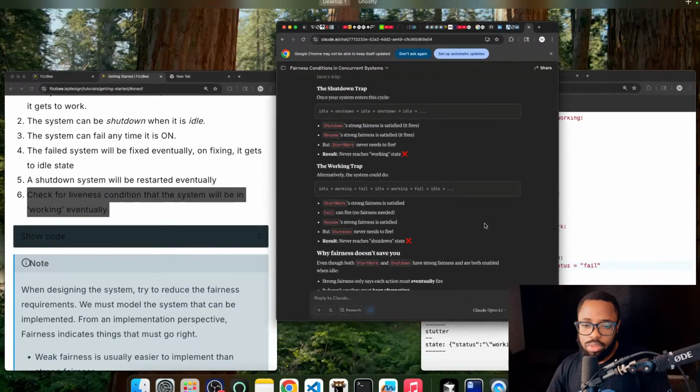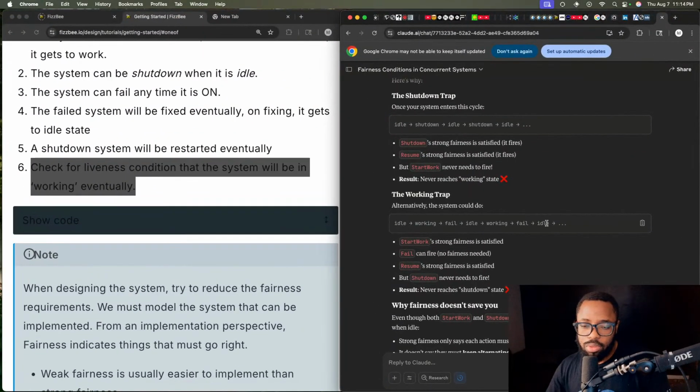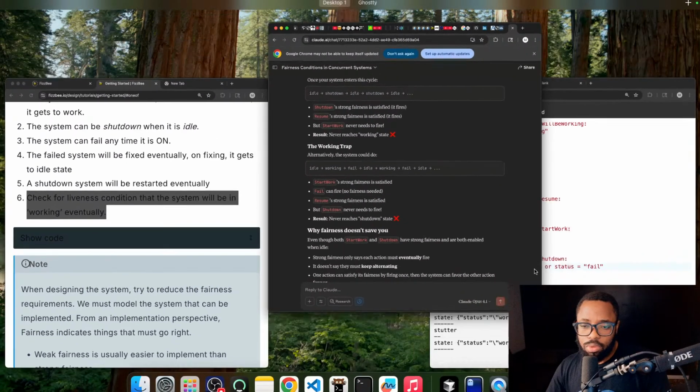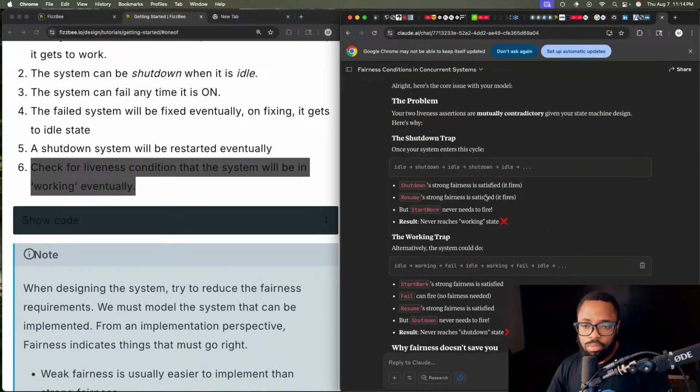So in this case, it will force a shutdown at some point. It won't be able to only pick working, right? And in here, idle shutdown, idle shutdown.